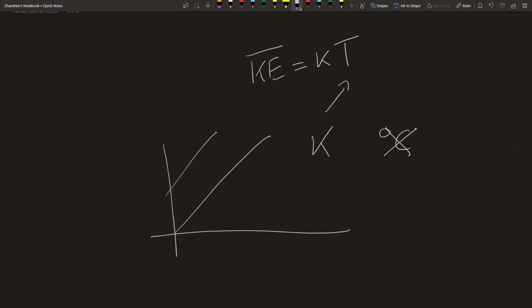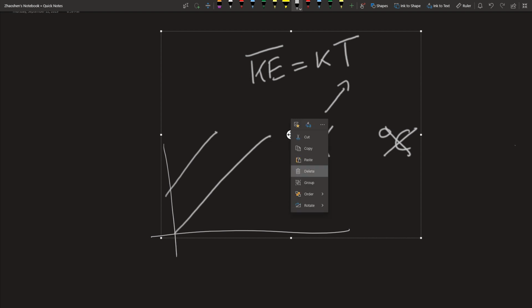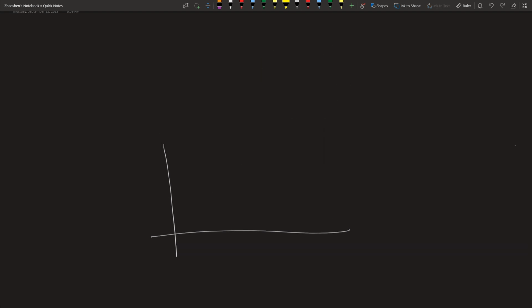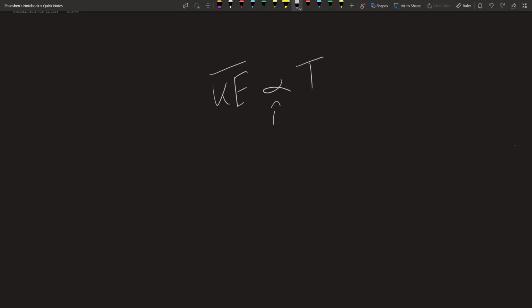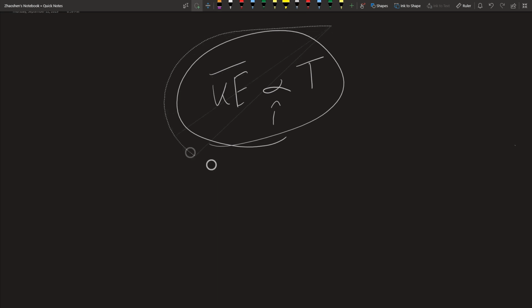So just the first basic rule of the day: whenever you add heat to a system, the temperature increases proportionally to the kinetic energy. This is a proportionality symbol. This is the key to unlocking everything in this chapter.